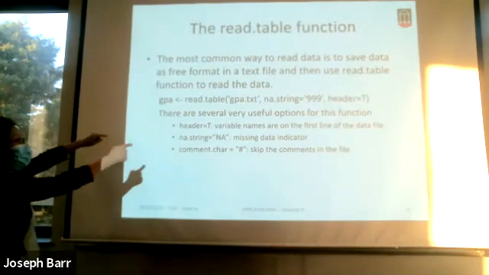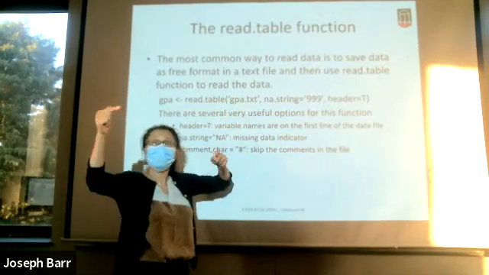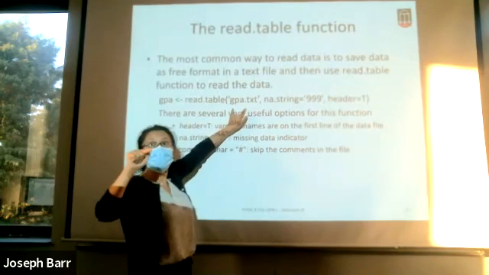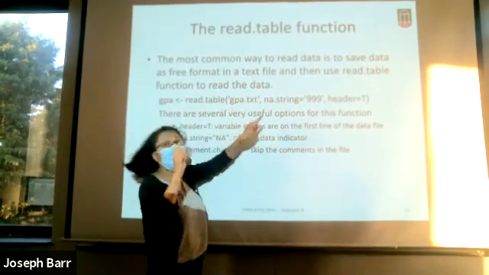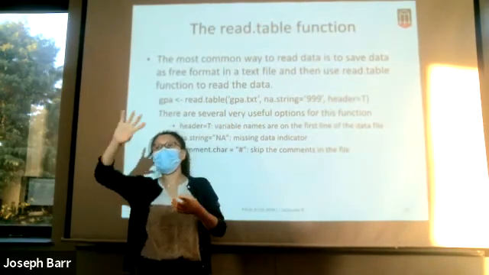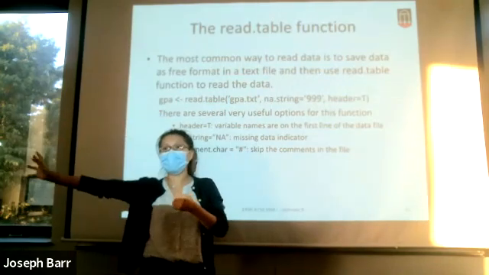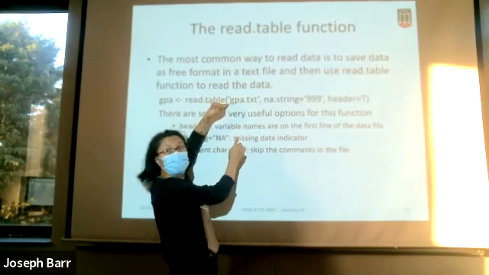And this is the actual file. You can save your file in the same directory, then you don't need to give the directory. This is a file name. But if your file is saved in another folder, in another directory, you have to change the directory in front of the file name.